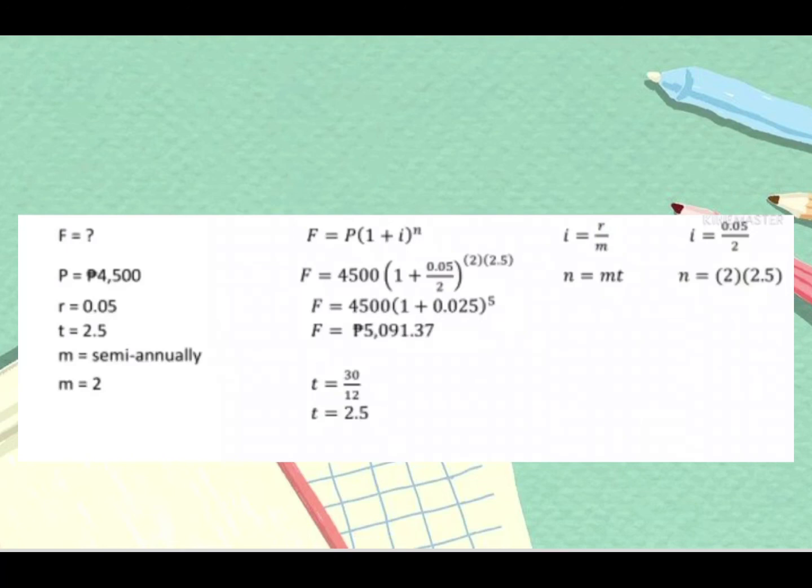Then after simplifying them, we need to perform the operations according to PEMDAS. So, we need to add 1 and 0.025 inside the parentheses, and then we'll get 1.025. We will need to raise that to 5 and then multiply it by 4,500. Then we would get 5,091.37 pesos.